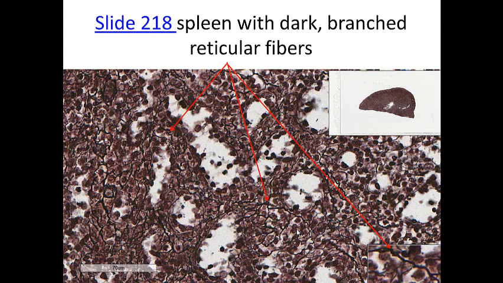Another type of fiber that's in connective tissue is the reticular fibers, and the reticular fibers are branched. They form a mesh, and here you can see them in the spleen. So these would be blood sinuses in through there, and this would be the strands, the so-called Billroth strands or the splenic strands, and as the cells percolate down through, the reticular fibers support them. It's like a grapevine.